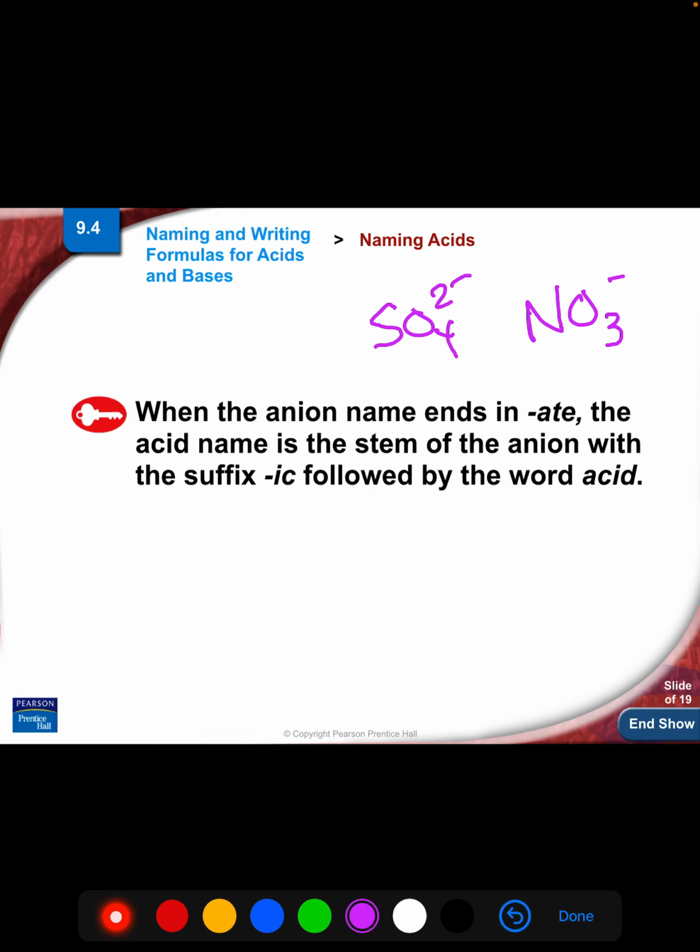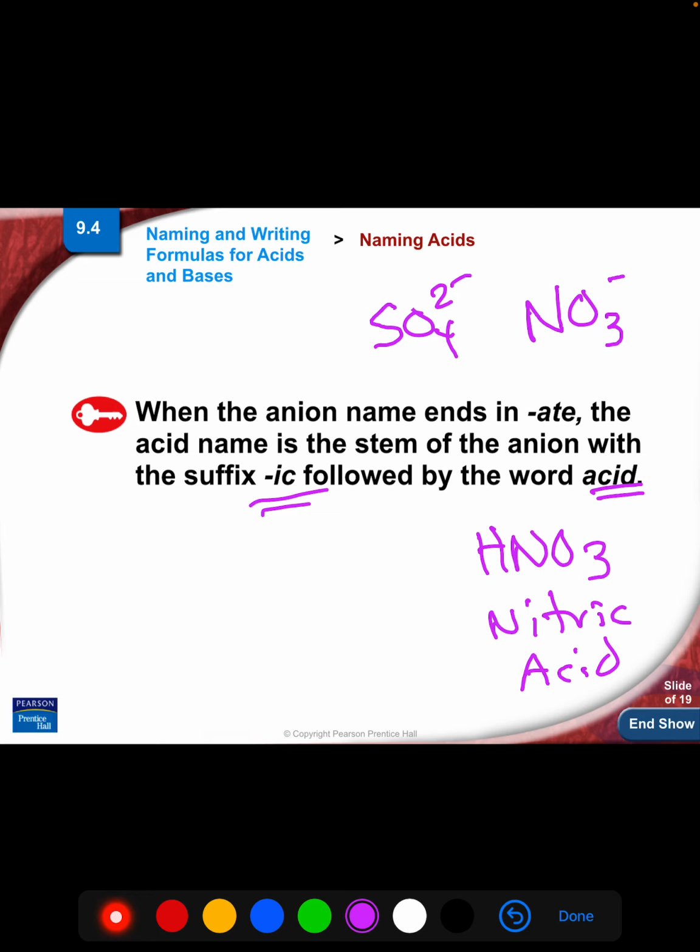So nitrate would become HNO3. We've used nitric acid in the lab. This is nitric acid, followed by the word acid. Okay, so the ate salt, or the ate anion, when combined with hydrogen, becomes the ic acid.